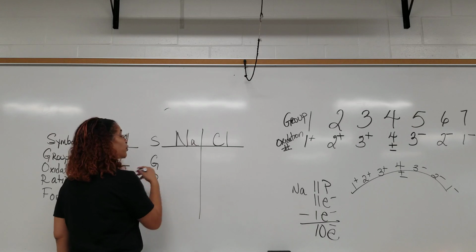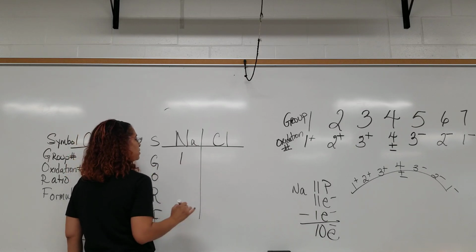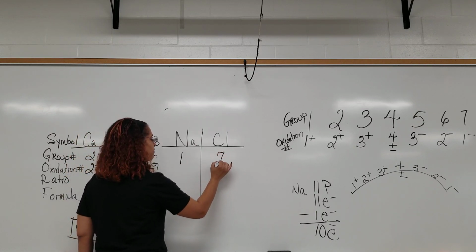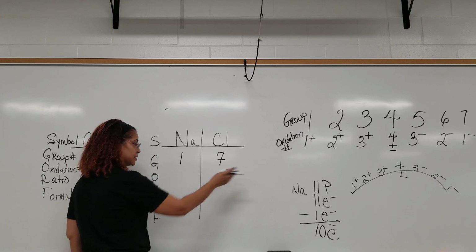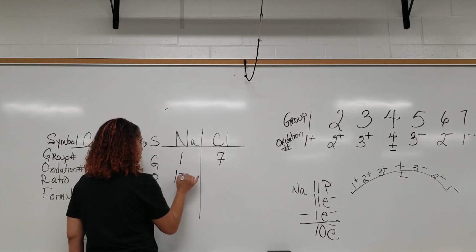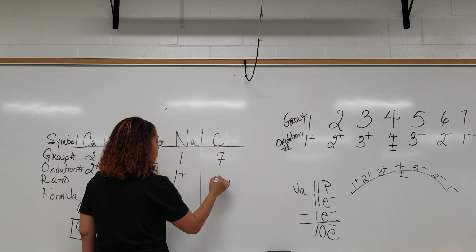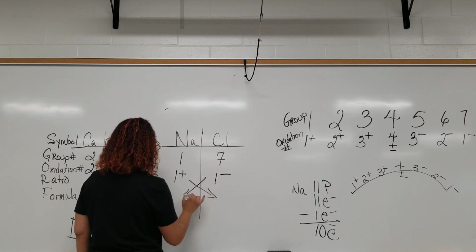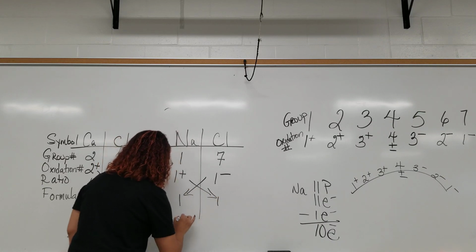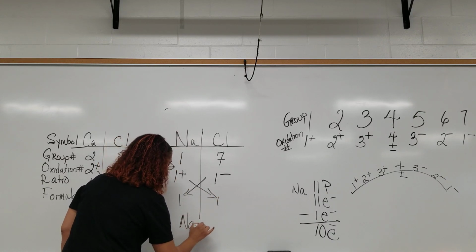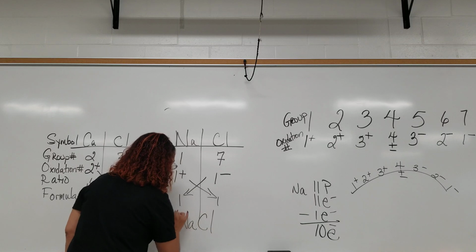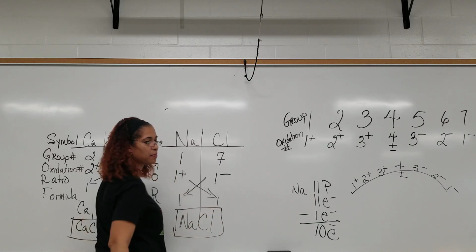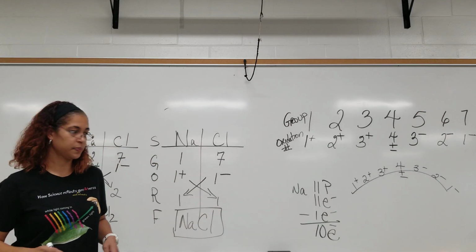The group number for sodium is 1 and the group number for chlorine is 7. Sodium therefore has an oxidation number of 1+. Chlorine's oxidation number is 1-. So it crisscrosses to form a ratio of 1-to-1. So it is NaCl, which, by the way, is the chemical formula for table salt.